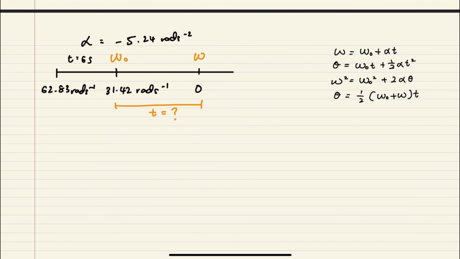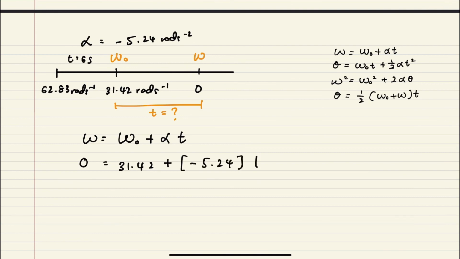Okay, again from this formula, we don't have theta, so we can choose the one without theta, which is equation 1. Omega equals omega naught plus alpha t. Omega is 0. Omega naught is 31.42 plus, okay, it has a negative, so just put negative there, t.